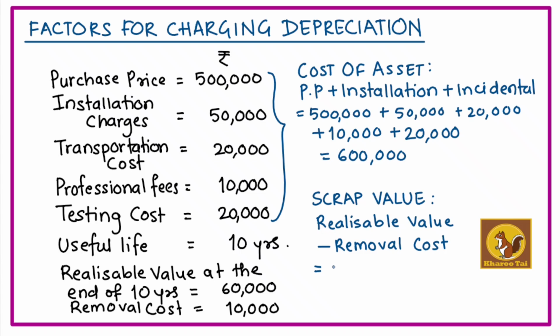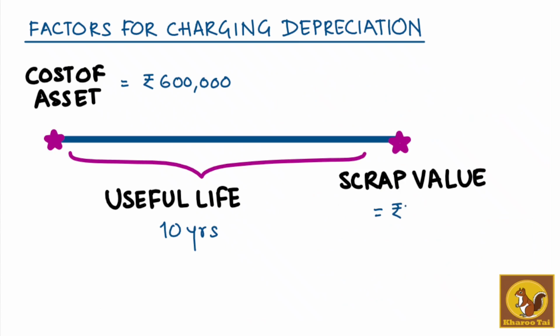That will be 60,000 minus 10,000. So our scrap value is 50,000. So we have got all the three components that are required to compute depreciation. In some sums later on we'll see in the examples that if percentage is given, then this scrap value is not required.